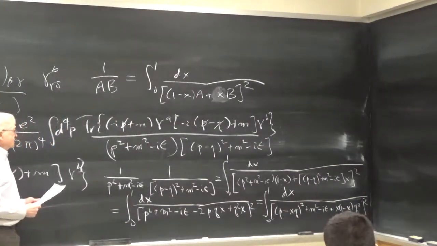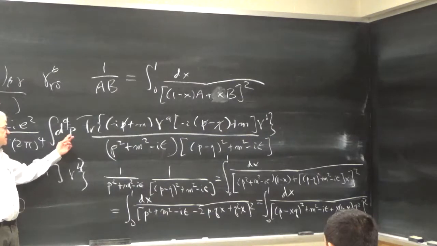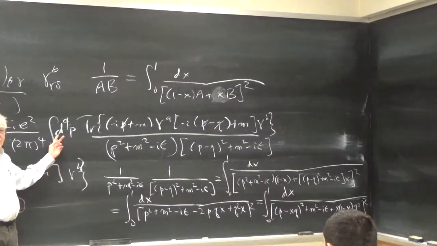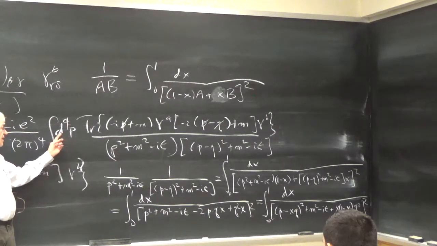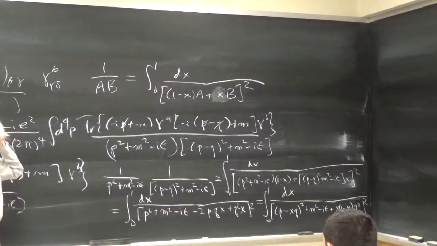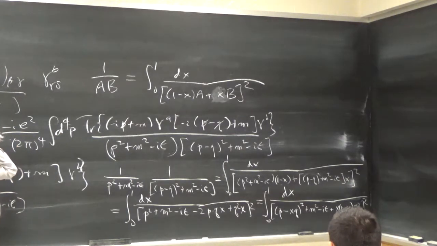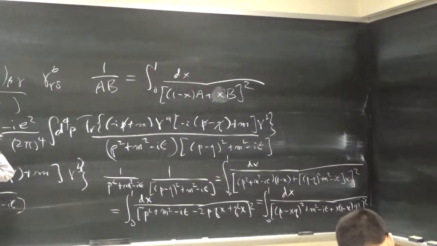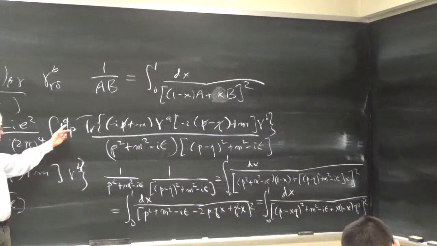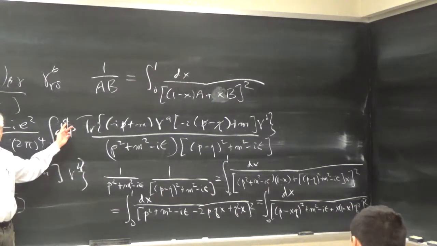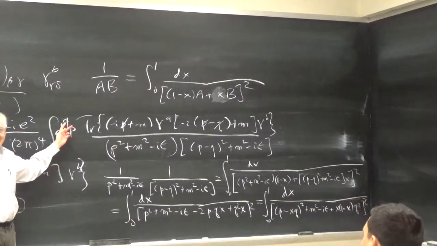Dimensional regularization basically means that instead of integrating over d4p, we're going to let this parameter 4 become a complex number. So the number of dimensions is going to be a complex number.